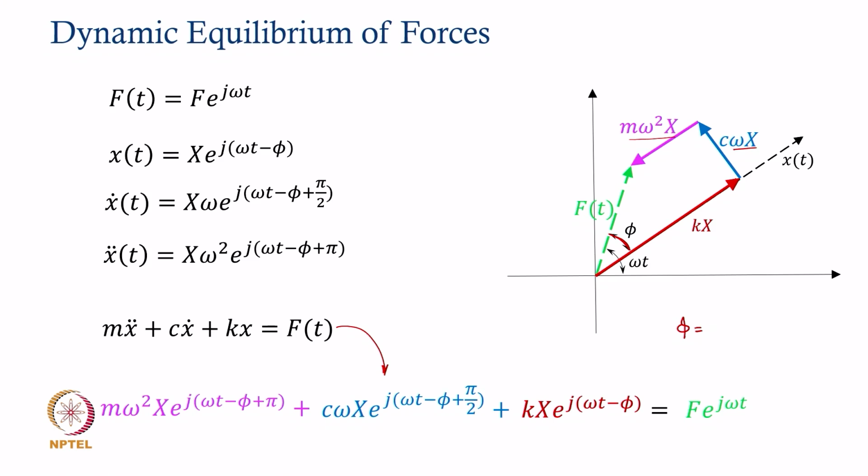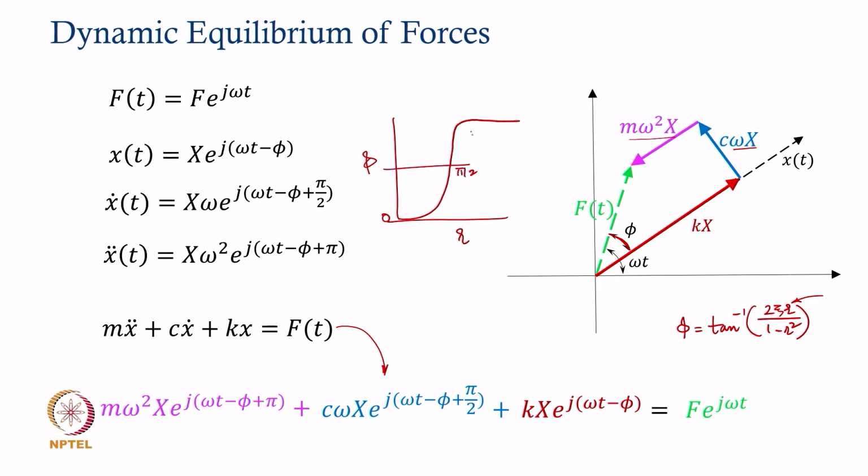Now, this of course being a function of the frequency ratio, 2 zeta r over 1 minus r square, which means that for different speed values or excitation frequency values, we expect this phi to change. That is what has been shown in the phase angle plot with different frequencies: depending upon the damping, the phase angle varied, right. It was close to 0, it was 90 degrees at resonance, and it was approaching a value of 180 degrees at frequency ratio more than 1.